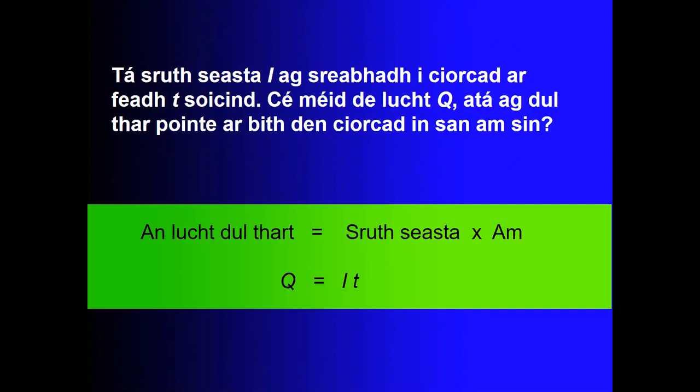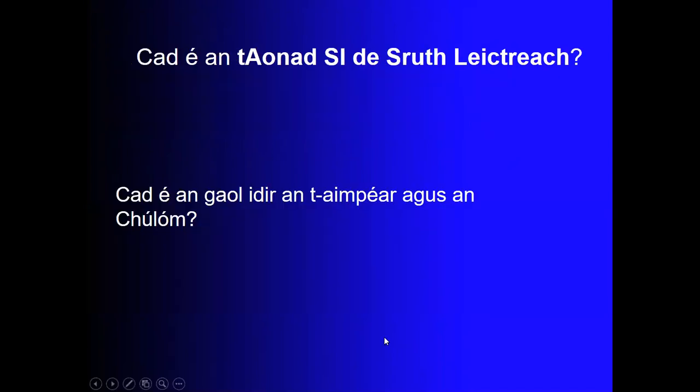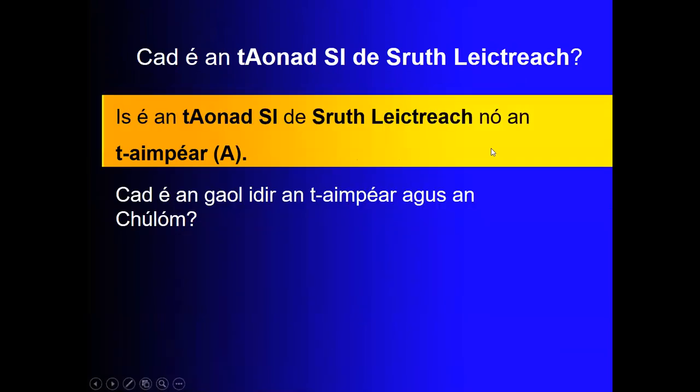So current is the amount of charge flowing through the circuit divided by the time it takes to flow. The unit of current is the ampere, or amps.